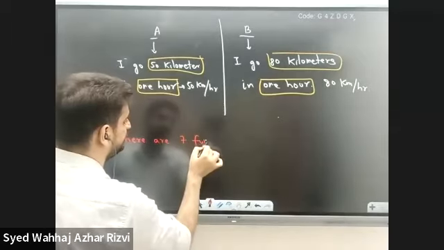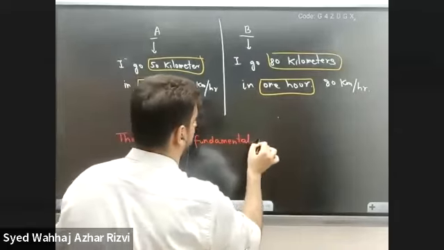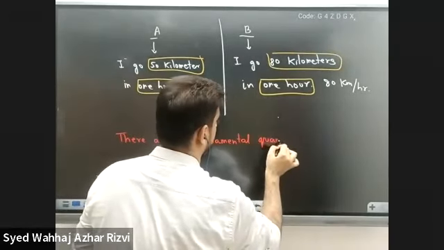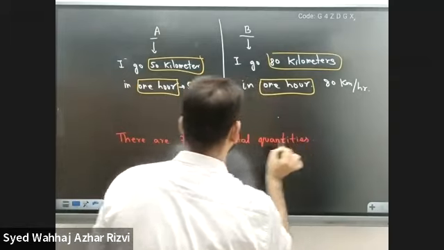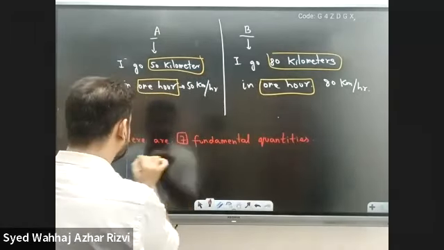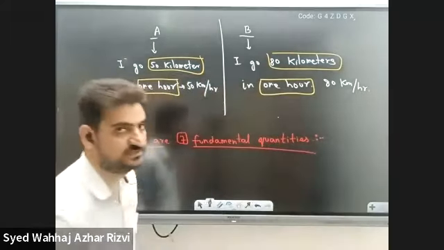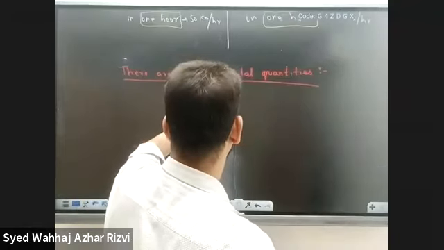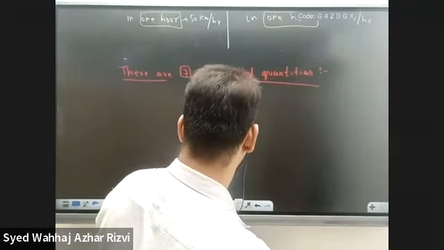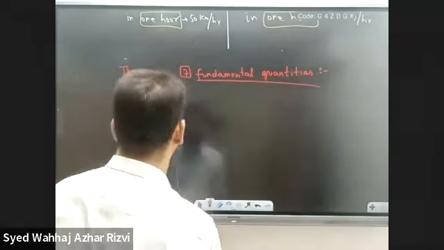So let me tell you, there are 7 fundamental physical quantities. Other than that, all the quantities that we have are derived, based on these fundamental quantities. So what are the 7 fundamental quantities that we know, based on which we find out all other quantities?